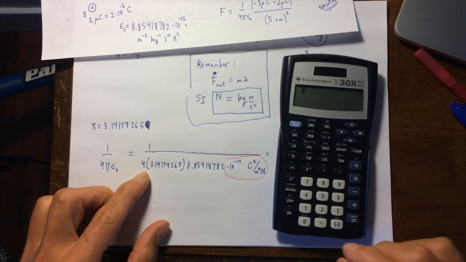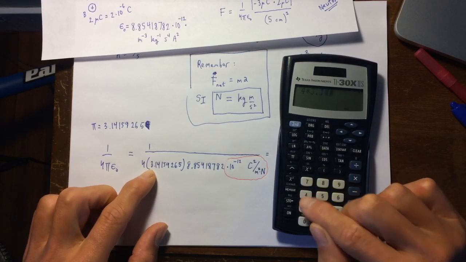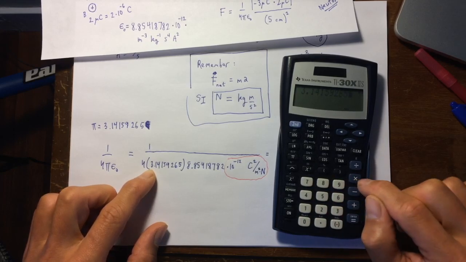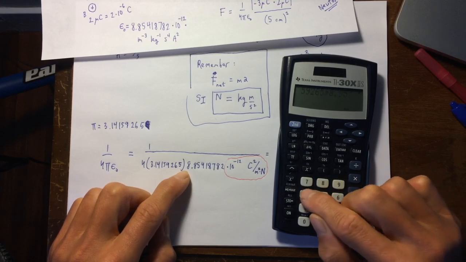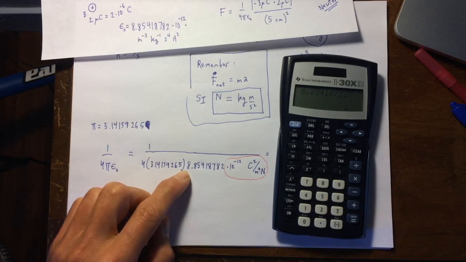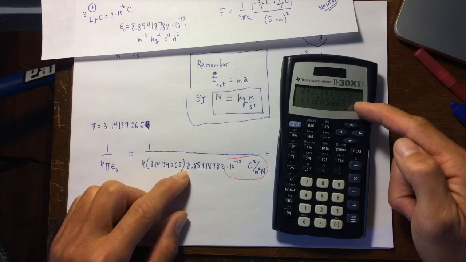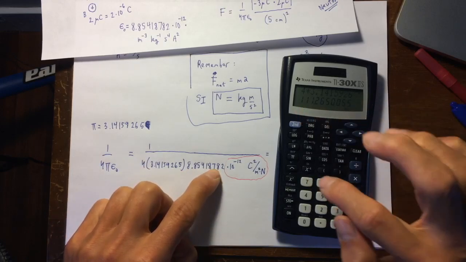So I'm going to take 4 multiplied by 3.14159265 and multiply times 8.854187882. I think I did that right. And it's equal to this number, but everything is on the bottom, so I'm going to ask my calculator to flip it over.